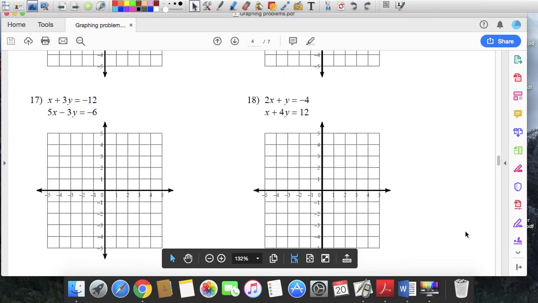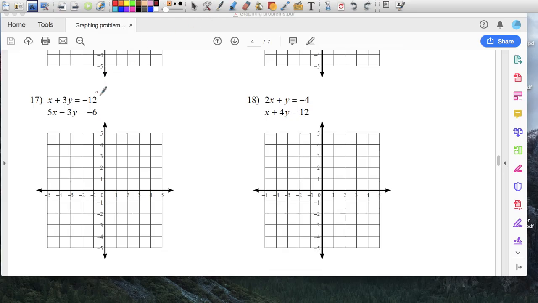So let me pick 2 random ones. Let me pick 17. So 17, it's not written in the format of the equation of a line. So I'm going to take the first equation, x plus 3y equals negative 12, and I'm going to throw everything to the other side. So minus x on this side.